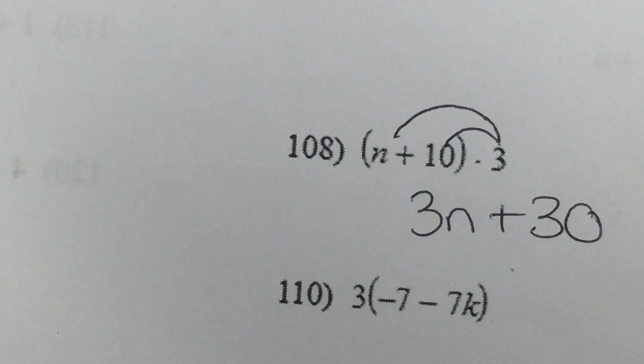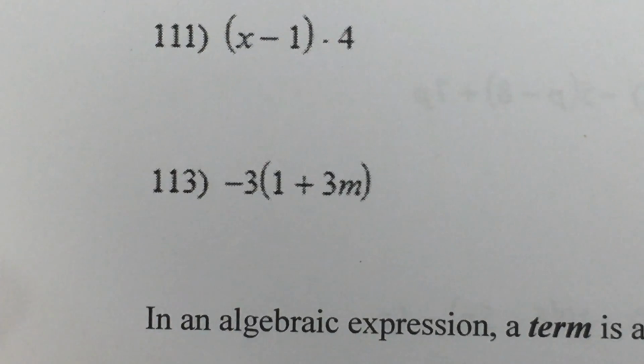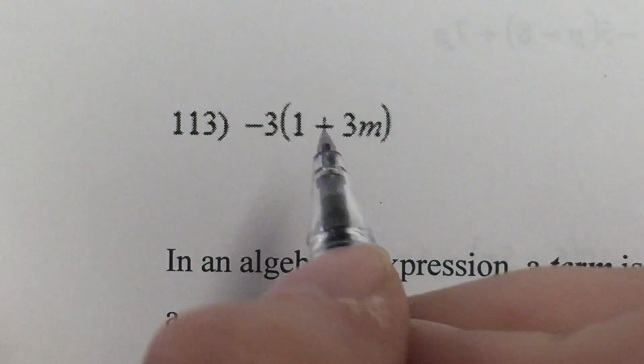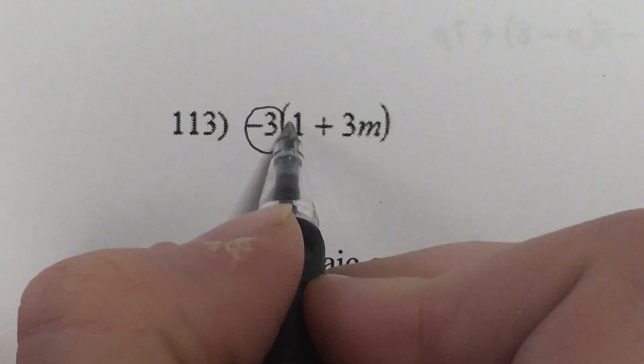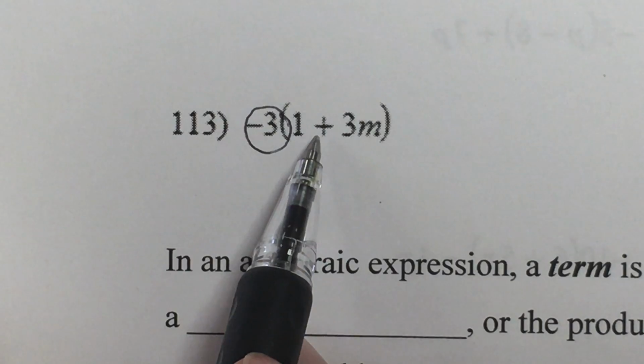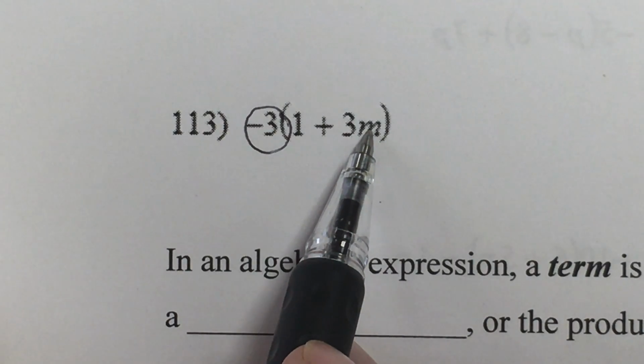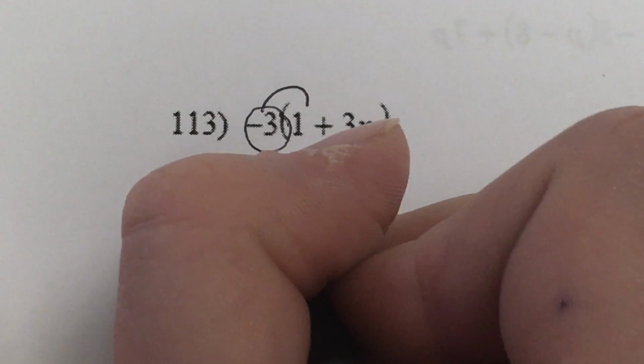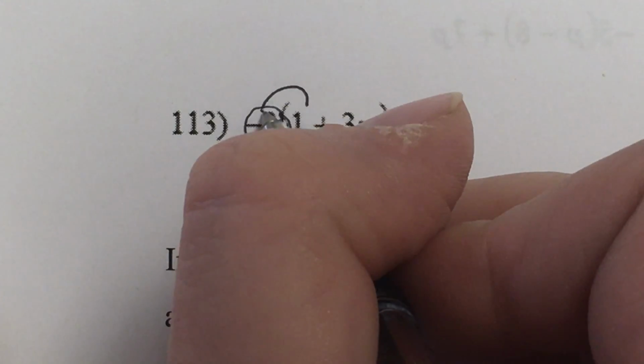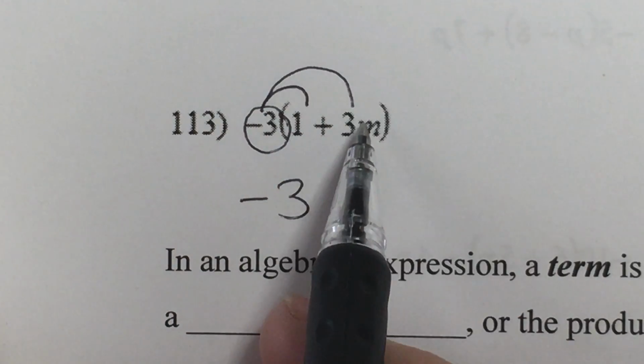Let's go down to 113. Okay. Now we have a negative outside that we're going to need to distribute in, but this time our variable is the second term, and that's okay. All right. So negative 3 times 1 is negative 3. Negative 3 times 3m.